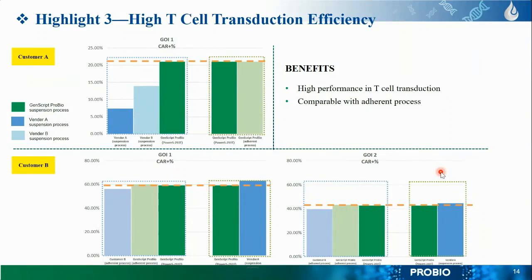So it's almost 20% plus, so that's high performance in T cell transduction, comparable with the adherent process. Here with customer B, we have GOI 1 and GOI 2, and the CAR-T percentage is over 60%. And in GOI 2, it's over 40%.